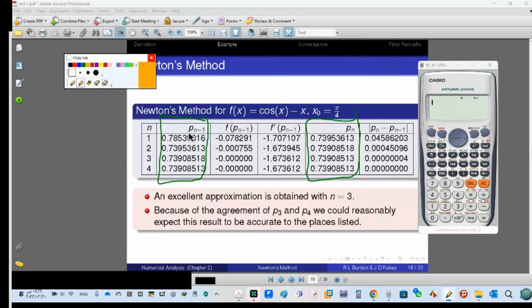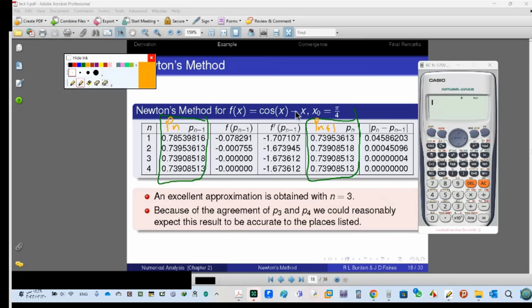Here in your book, he writes p_{n-1} and p_n, or you can also write p_n and p_{n+1}. Either p_{n+1} or p_{n-1}, p_n.